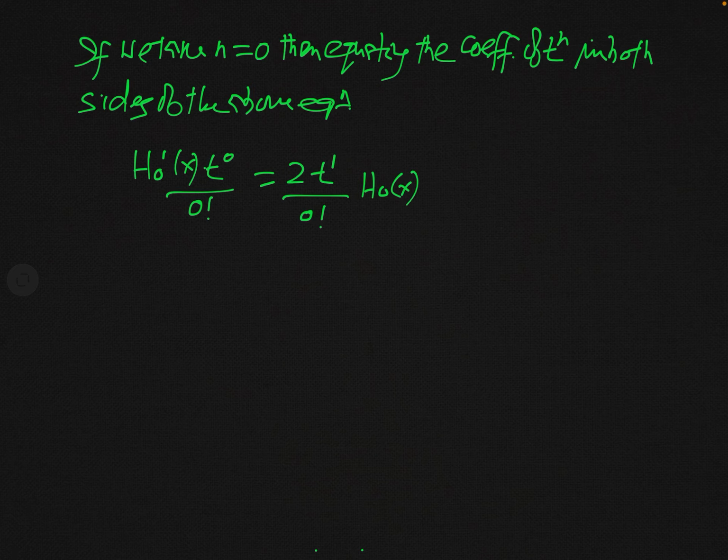So you can see in LHS there is t raised to the power 0, it means n which I have taken 0, but in RHS there is no term containing t raised to the power 0. So what does it mean?